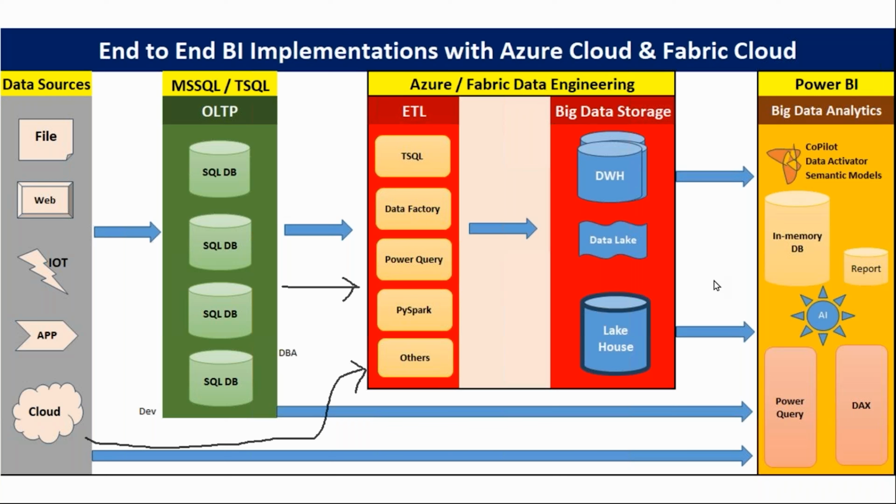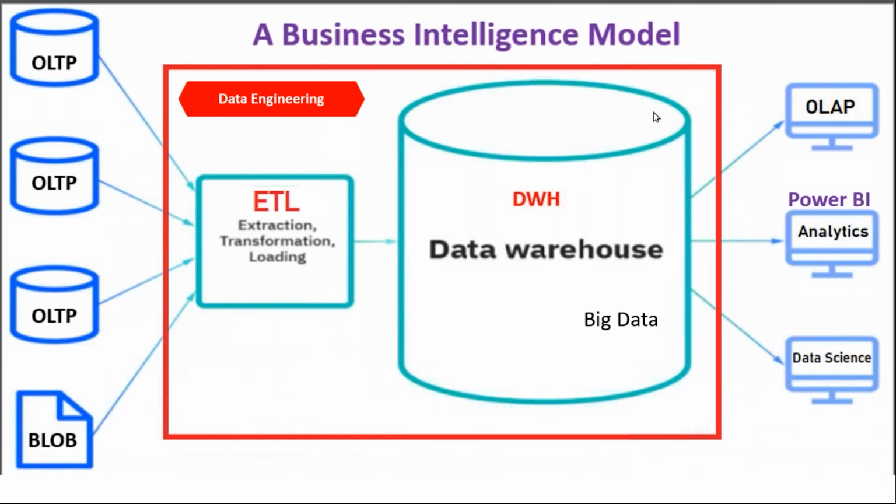In a more simplified way, data engineering is all about reading data from databases and non-database sources using ETL techniques, extract, transform, load, and getting their content to the warehouse. Now things are very simple and straight.